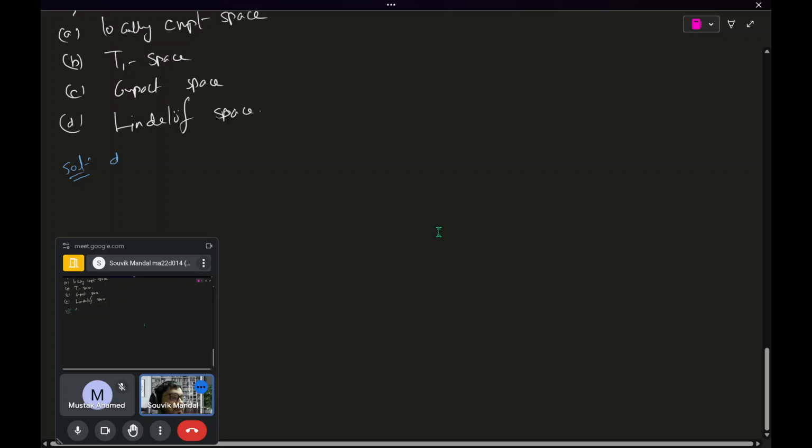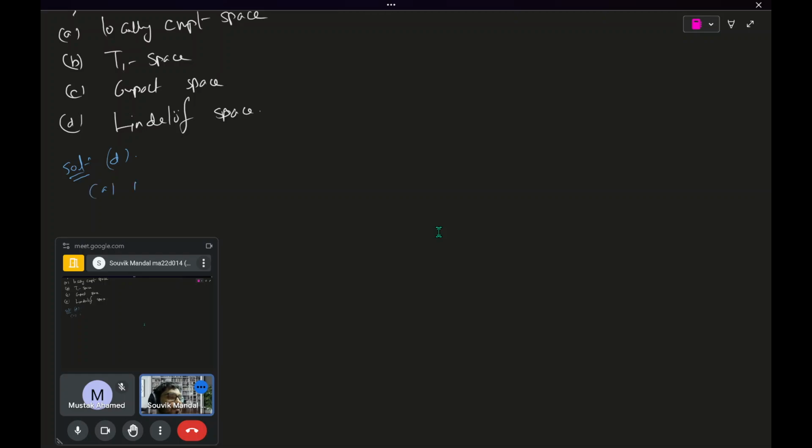First observe that option A is false. Why?